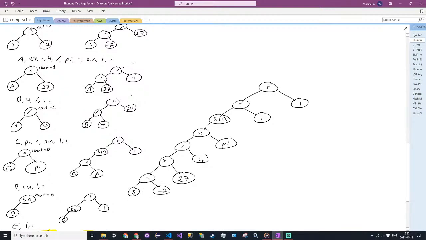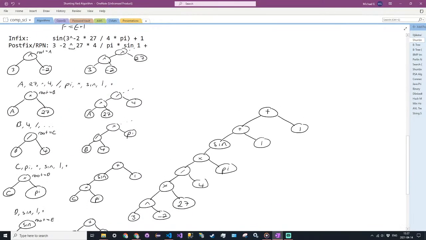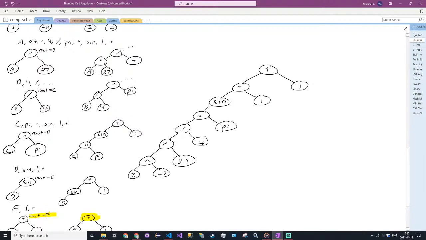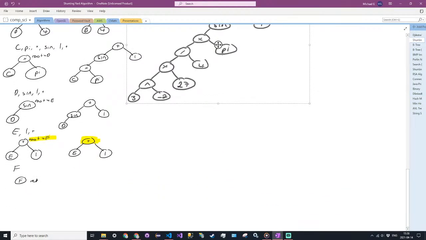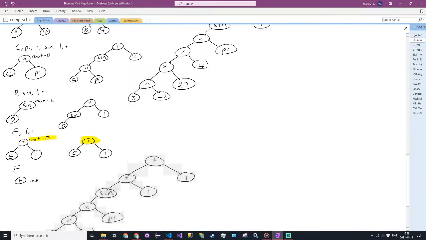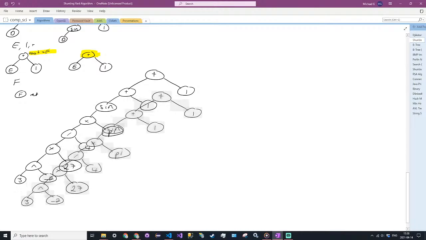So we get this really disgusting tree, but that's just because I chose a crappy example here. But either way, if this is our final tree, let me drag this down here and zoom in on it.